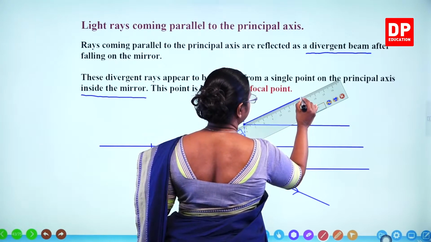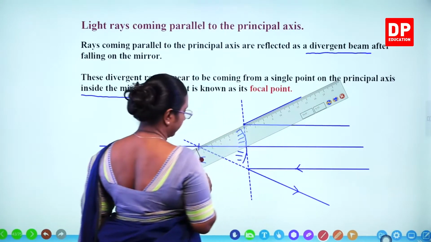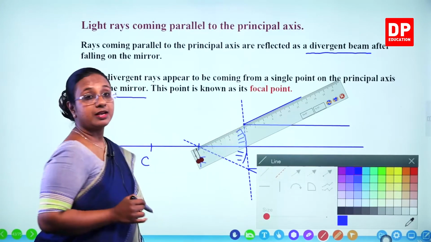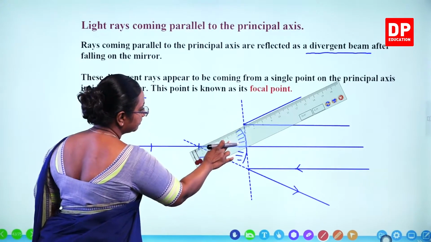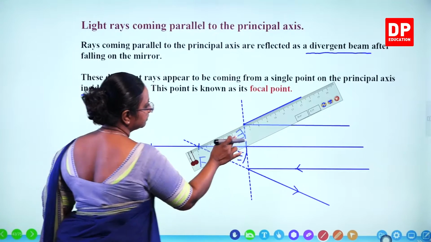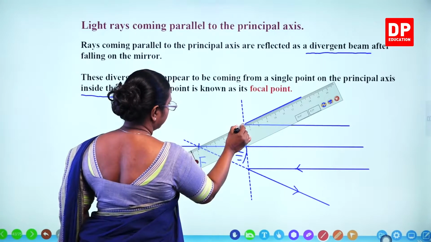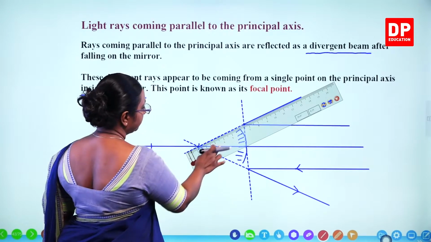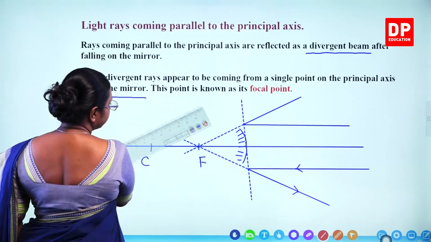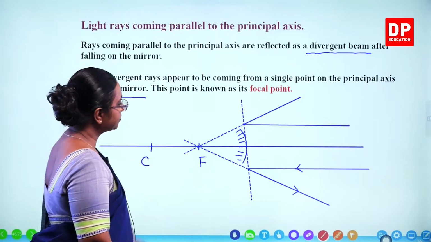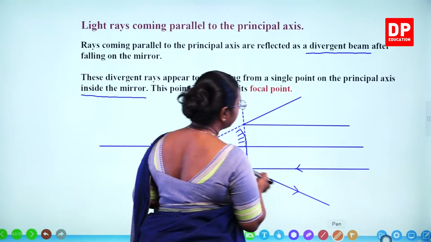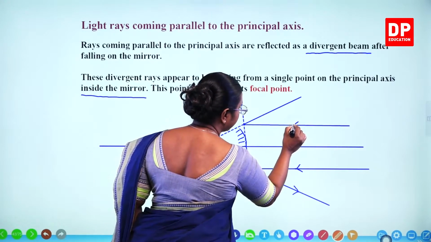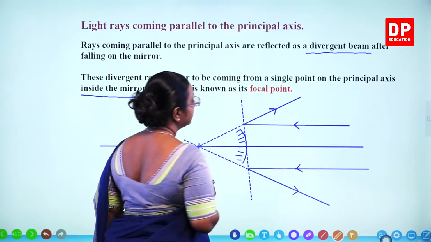Okay. So, here you can see the reflected ray, and when we extrapolate the reflected ray, it will look as if it's going through the focal point. So, that is how the rays get reflected by a convex mirror. Rays coming parallel get diverged.